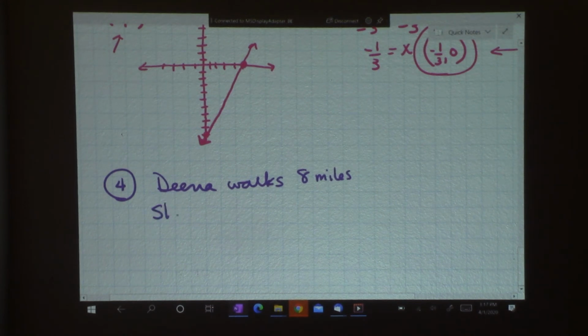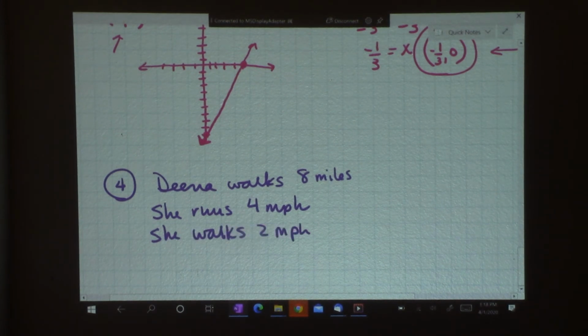She runs 4 miles per hour. And she walks 2 miles per hour. Okay? Graph the equation, and they give us this. Graph 4x plus 2y equals 8, where x is the number of hours she runs.